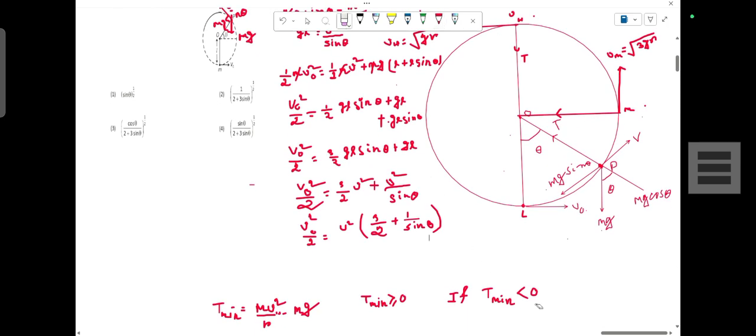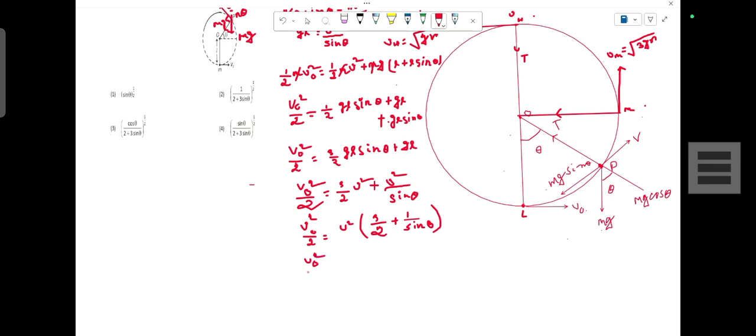That means v naught square upon v square is equal to 2 into 3 by 2 plus 1 by sin theta.